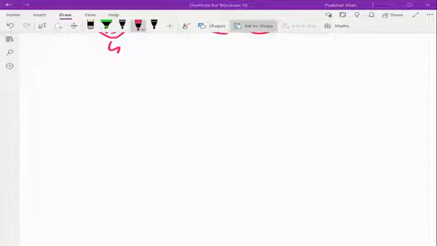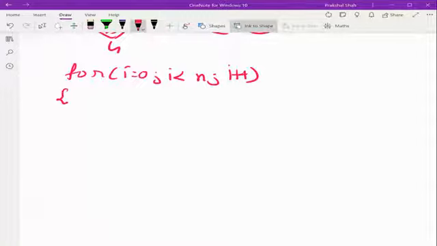So let's say I have something like this. This is my meta problem. Let's say I have a for loop, i equals 0, i less than n, i plus plus. Here I have my if condition, and in this if condition I have another if condition.